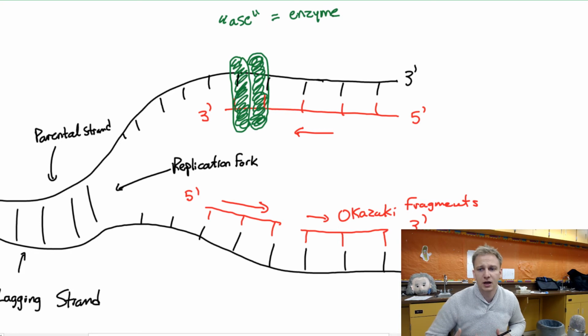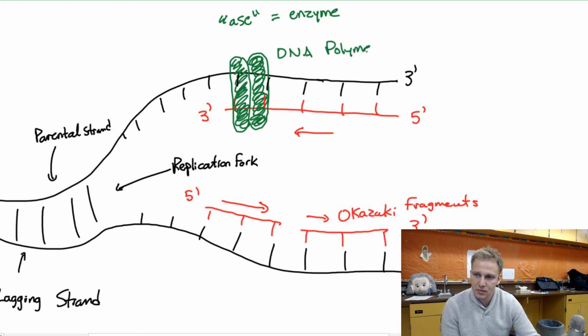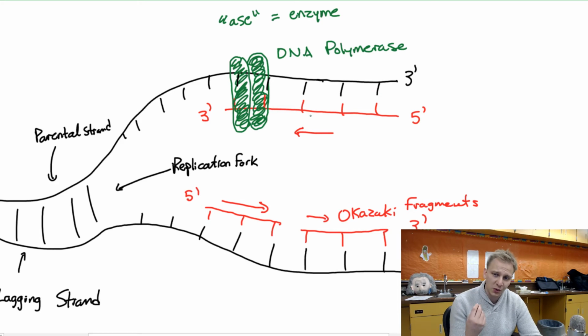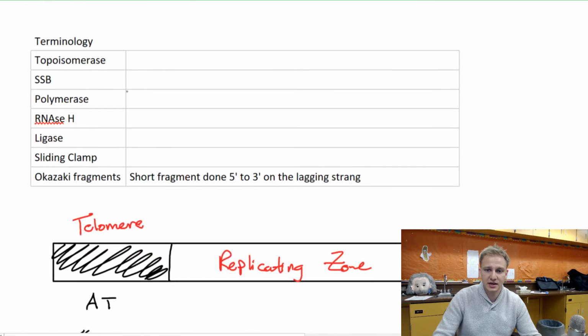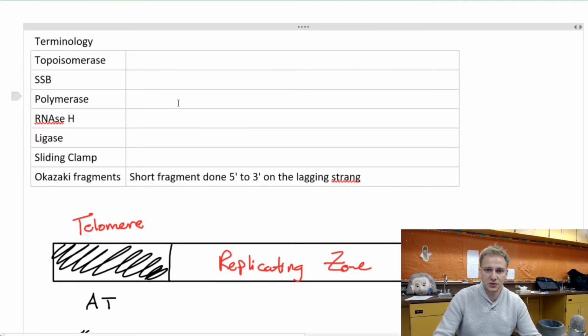And usually what they help us do is speed up the rate of reactions. And so this green guy here is DNA polymerase. And DNA polymerase helps us actually find the correct nucleotides and place them in the correct location. Its role is to synthesize the DNA molecules.